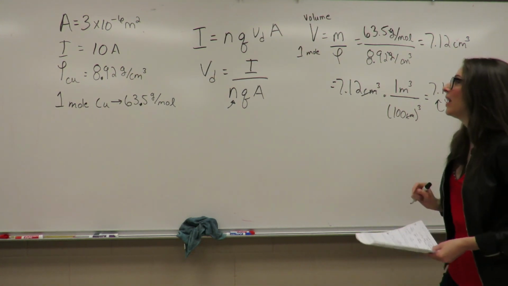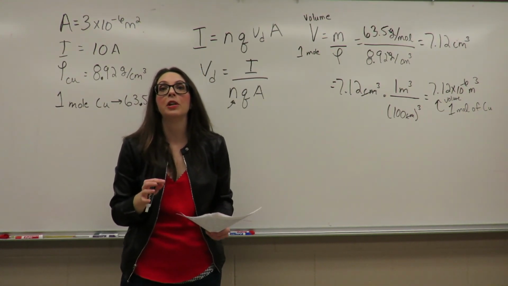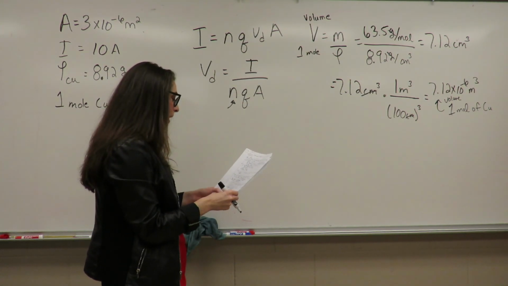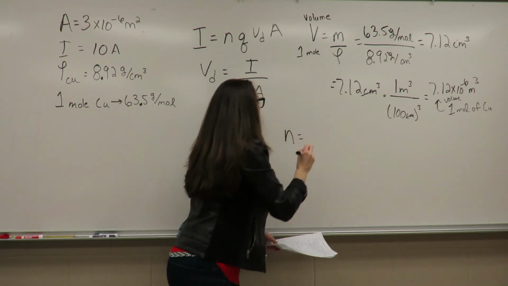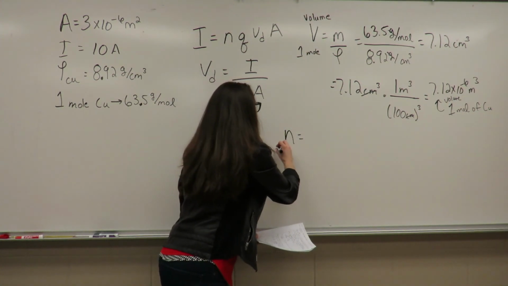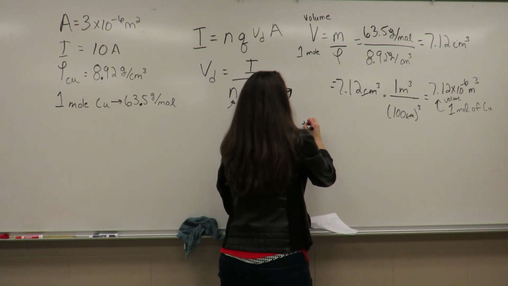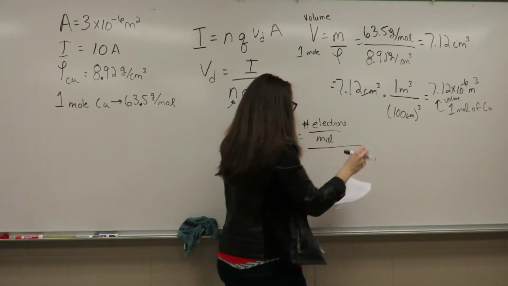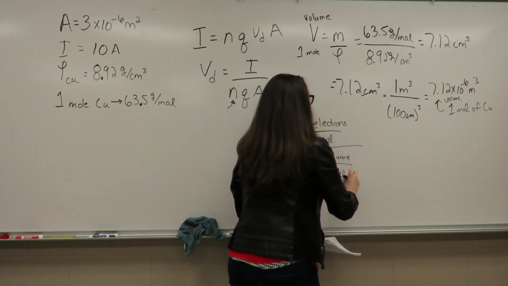Okay, now we've got to get the number of our charge carriers, or our number of electrons inside this volume, okay? And so in order to do that, I will use the following. So my number of electrons per volume, or charge carriers per volume, is going to equal our number of electrons per mole divided by the volume of our copper per mole, okay?